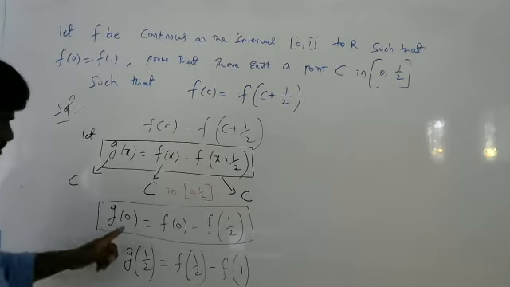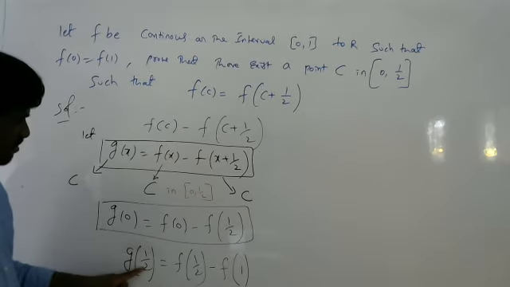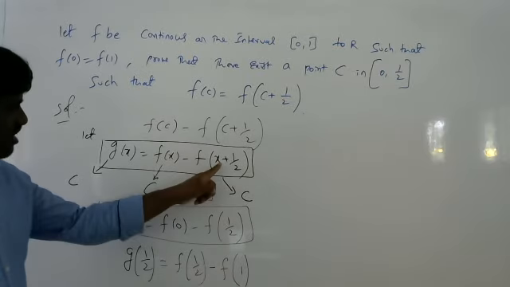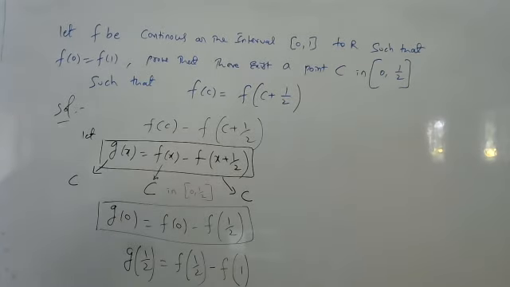Let me see once again. If I substitute half, f of half minus f of half plus half, f of 1, correct? See here, you got this point correct: g of 0 and g of half. Did you understand that?